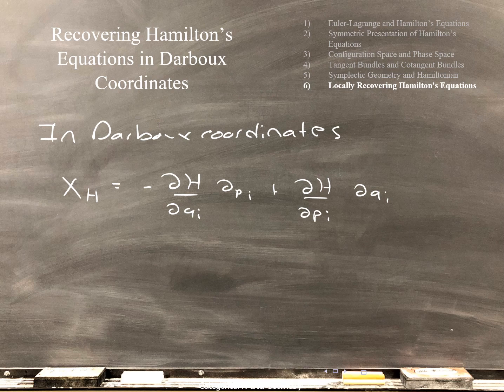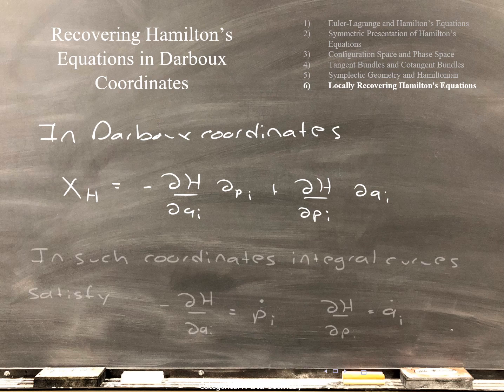Right? So if the integral curves of this vector field are going to correspond to our physical trajectories, then since the components of these integral curves are going to be p_i dot ∂/∂p_i plus q_i dot ∂/∂q_i, so that defines the integral curve, we just equate the coefficient prefactors in front of those basis vector fields, and then we recover in these coordinates precisely Hamilton's equations, as would be typically presented in a physics class.